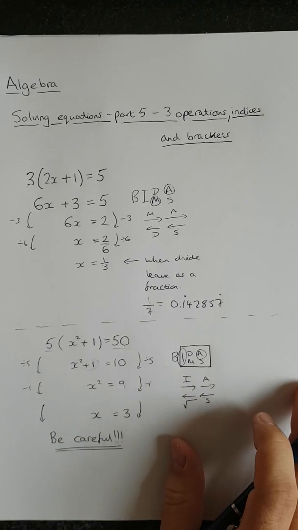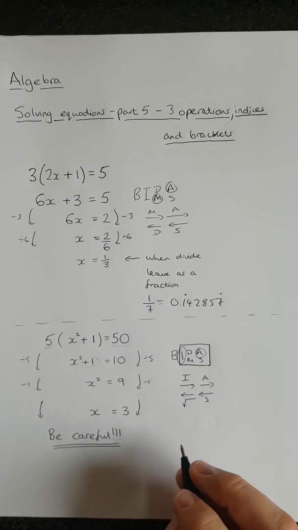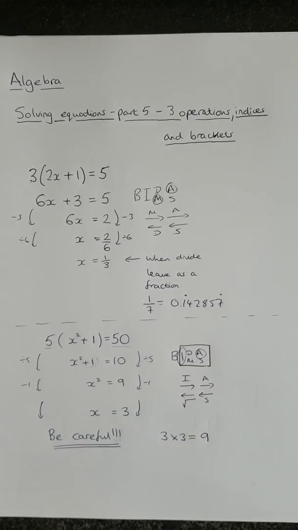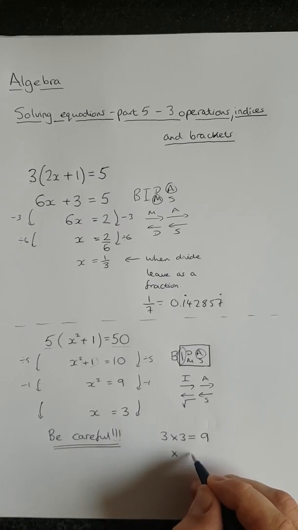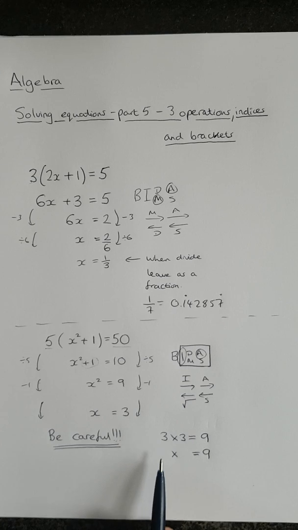Be careful here though, please, because some operations are more complicated than others. 3 times 3 equals 9. Can you tell me another multiplication sum that makes 9? But you think about 3 times 3 when you do it.